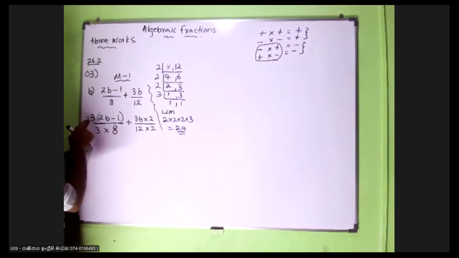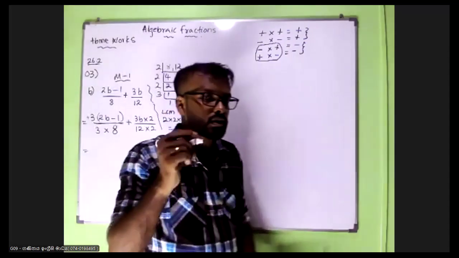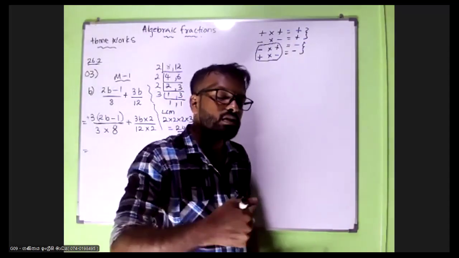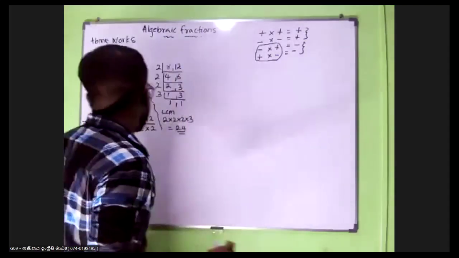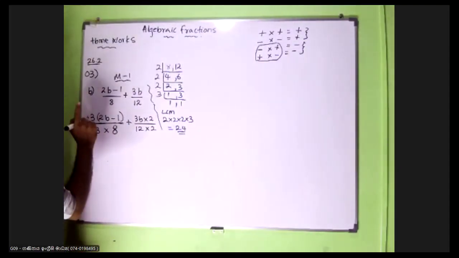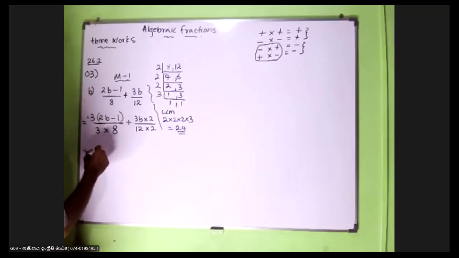First I will simplify the signs, then the numerical values. Positive into positive, positive: 3 times 2, 6b.